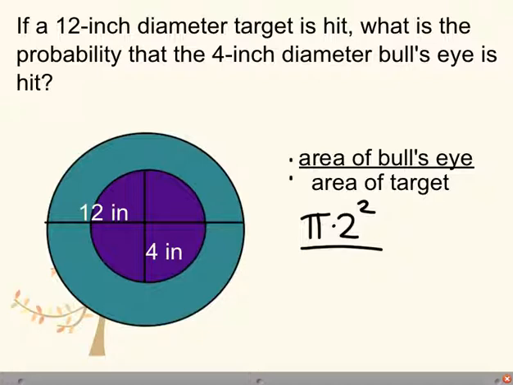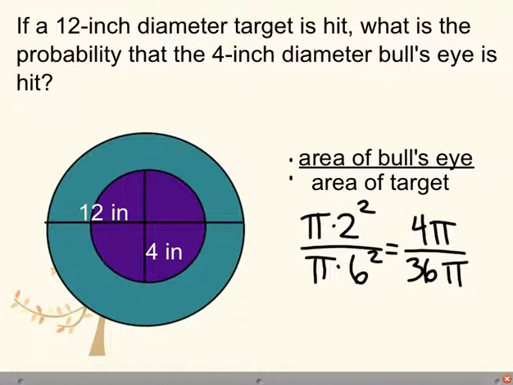If the diameter is 12, that means I have pi times 6 squared. So I get 4 pi over 36 pi, which means the pi's can cancel out. Those are the same number divided, so we just get 1. And 4 over 36 is 1/9. Of course these aren't drawn to scale, but we would say it's a 1/9 probability that if I hit the target, it actually gets in the bullseye.